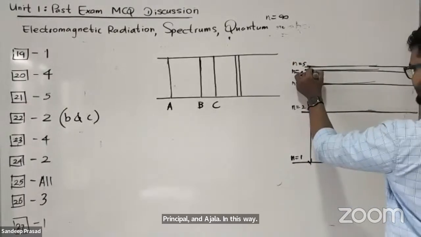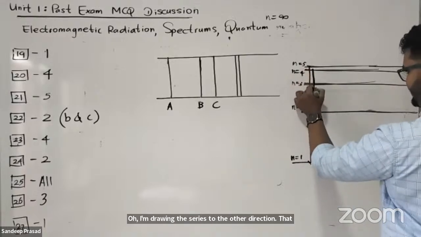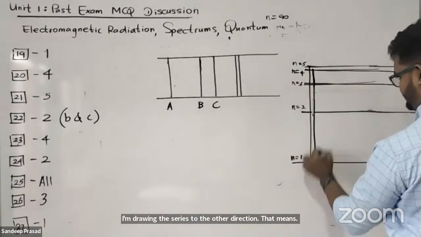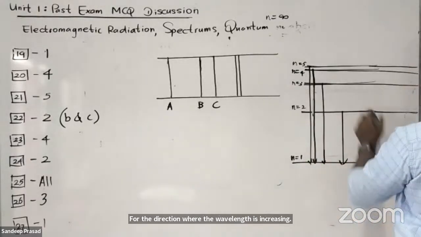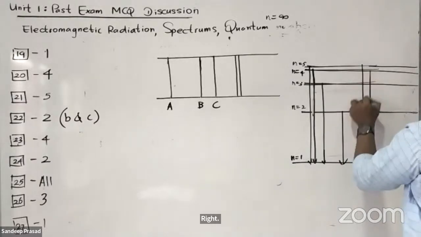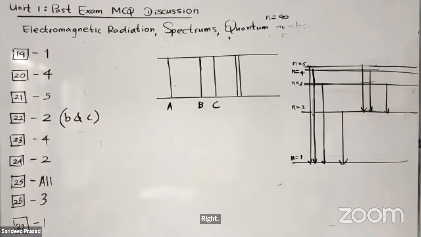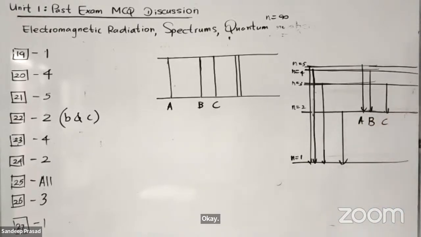Now I'm drawing the series to the other direction. That means for the direction where the wavelength is increasing, right? Then this is actually the Balmer series. Okay. So these are the lines A, B, C. Can you understand? These are the lines A, B, C.